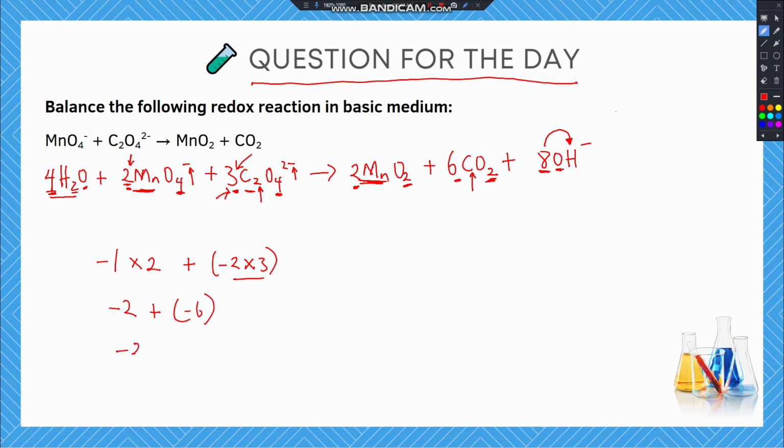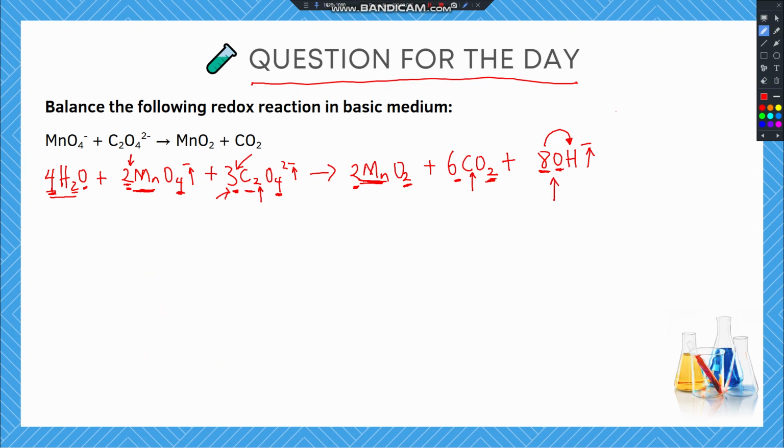Altogether we have -2 -6, which is a total charge of -8. On the right hand side we have a charge of -1 over here and it has a coefficient of 8. So we have -1 times 8, which is -8. So all the atoms are balanced and the charges as well are also balanced.